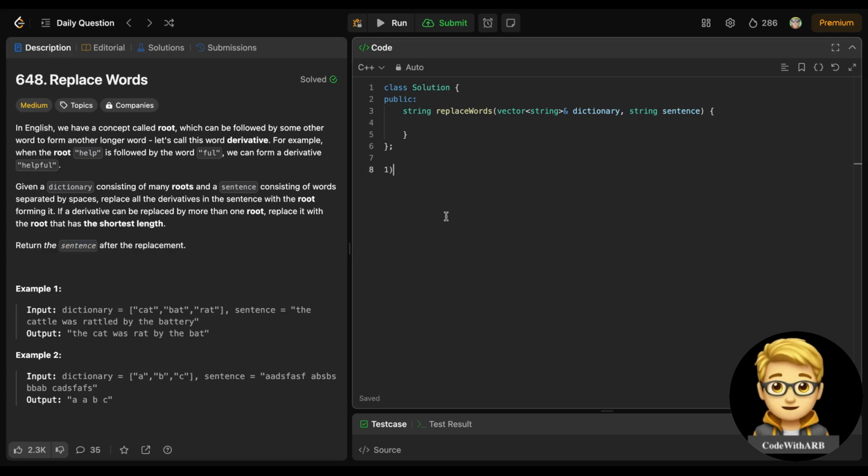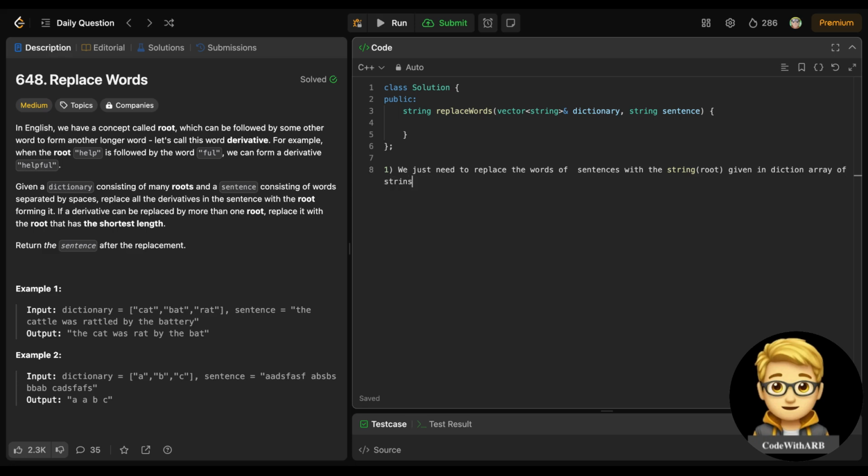So the question is basically asking that we just need to replace the words of the sentence with the string or root given in the dictionary, which is an array of strings, right?